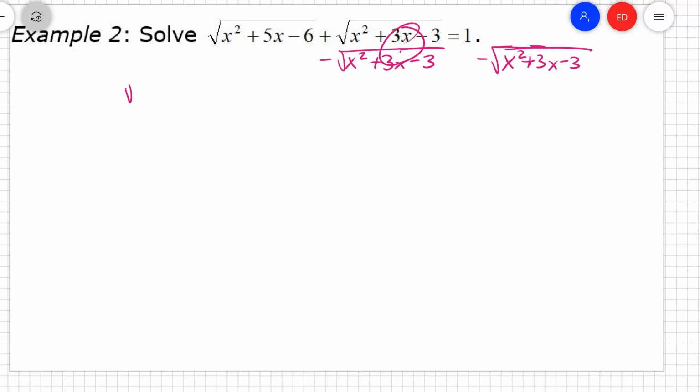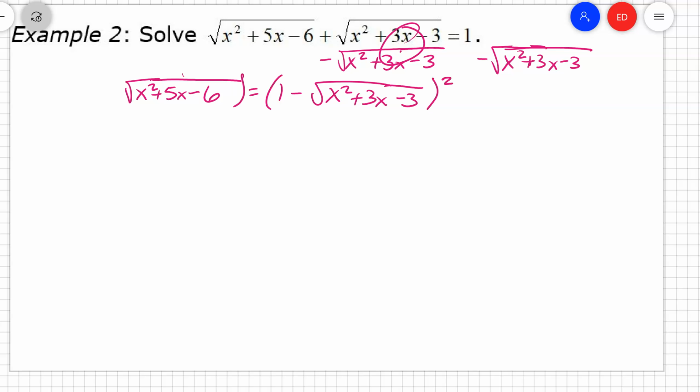We're left with just the square root of x squared plus 5x plus 6 equals 1 minus the square root of x squared plus 3x minus 3. All right, so looking at this one, we do need to get rid of the radicals before we can do anything else. This one's a little bit trickier though, because we have that 1 going on. That constant is going to get in the way of things.